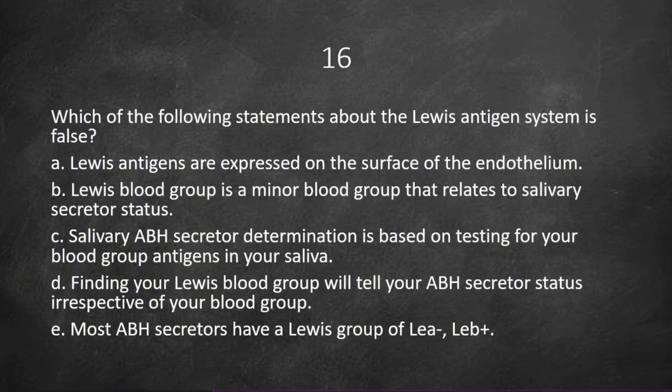C. Salivary ABH secretor determination is based on testing of your blood group antigens in your saliva. D. Finding your Lewis blood group will tell your ABH secretor status irrespective of your blood group. E. Most ABH secretors have a Lewis group of LEA- and LEB+.